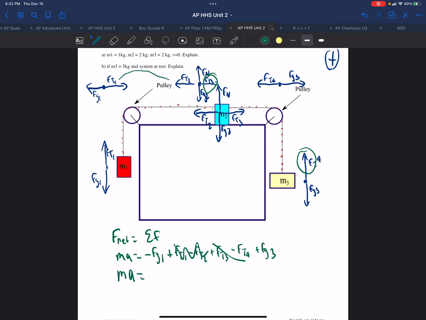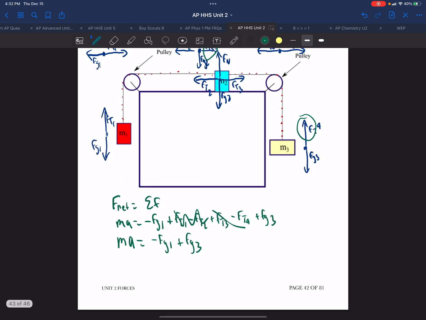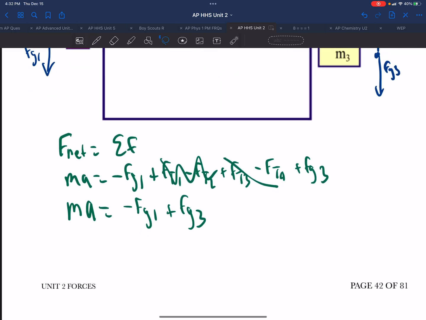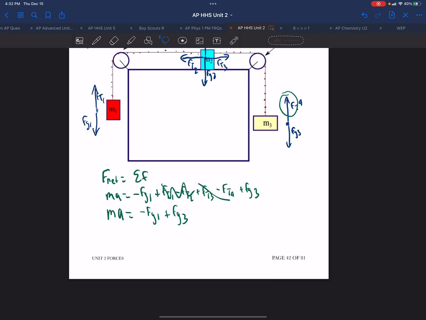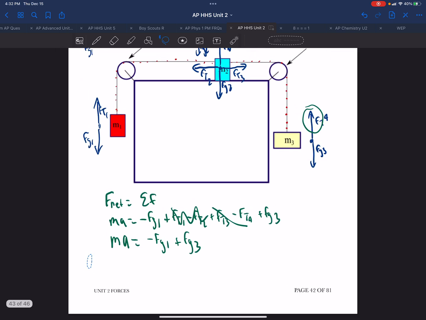So we're left with MA is minus Fg1 plus Fg3. And the mass of the system, M1 plus M2 plus M3, is going to accelerate. And this is minus M1G plus M3G.